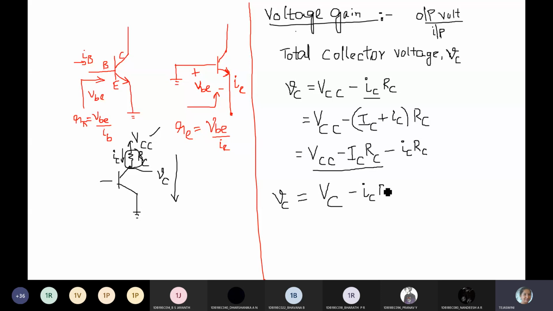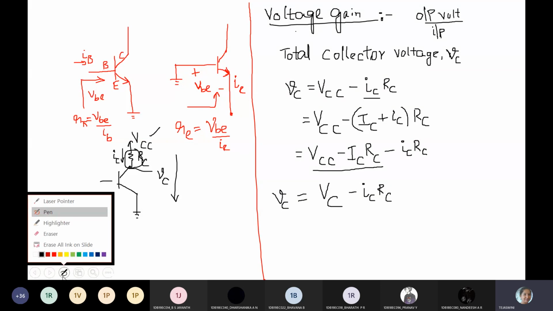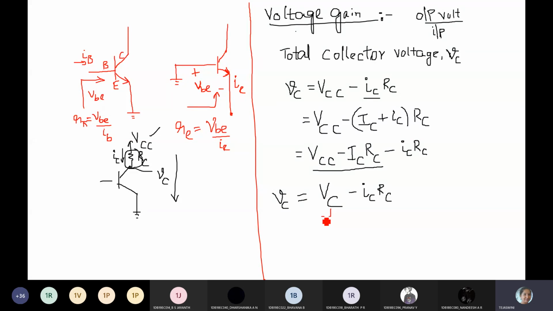So since this is the DC component, I can write the whole VCC minus ICRC as capital VC, the DC collector voltage. So in this, this is a DC component and this is the signal component.